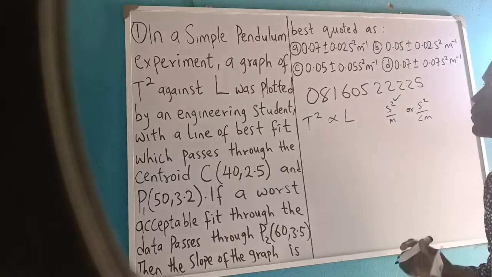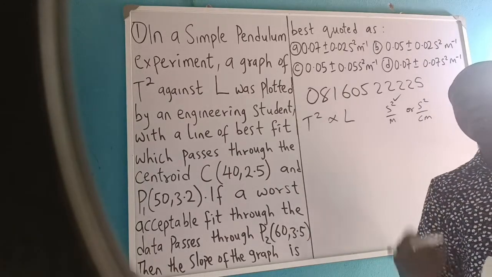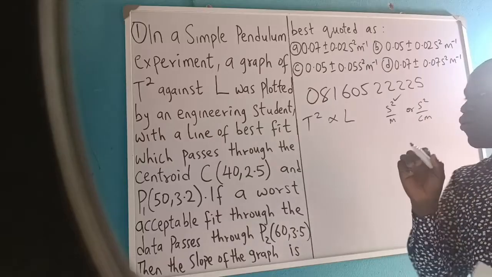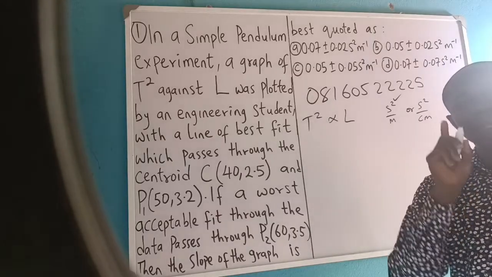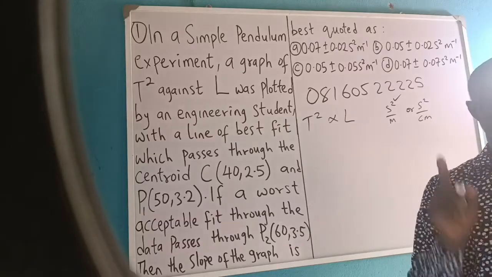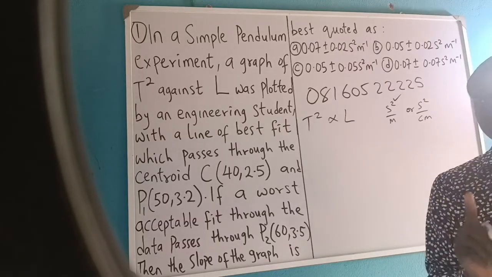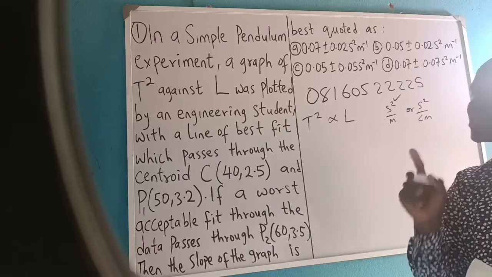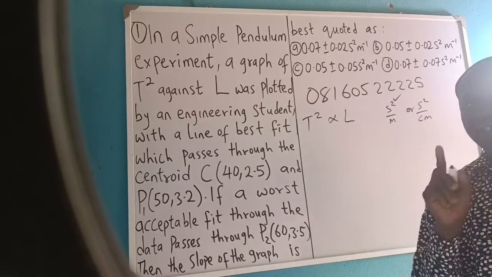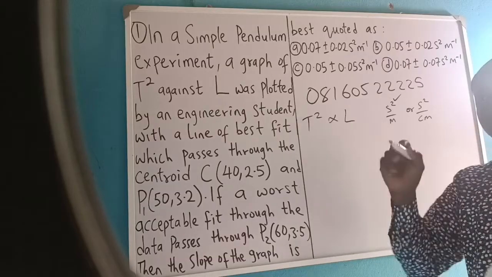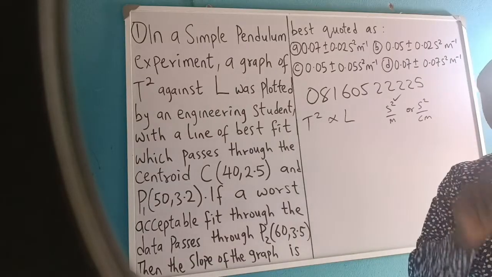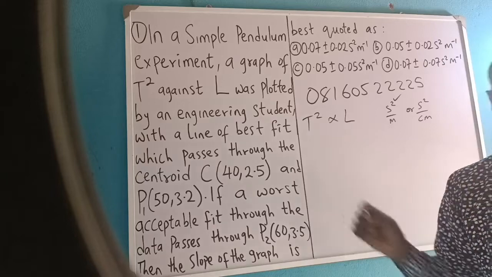Now, in our videos, we said that while drawing the line of best fit, an important intrinsic property of every line of best fit is that it must pass through the centroid.